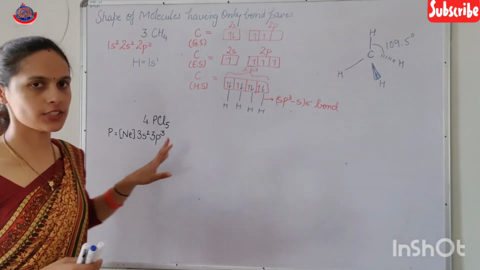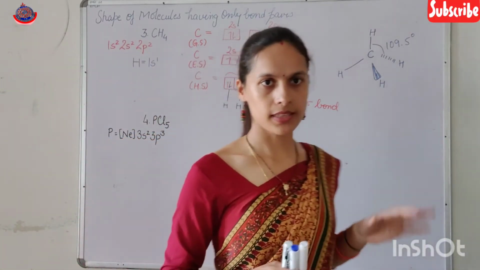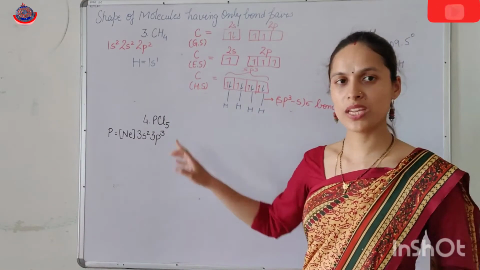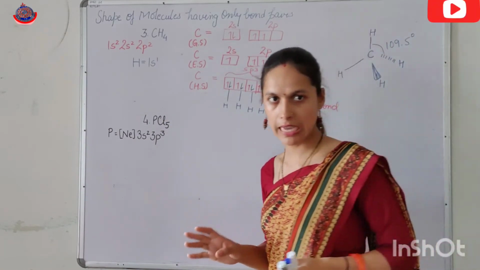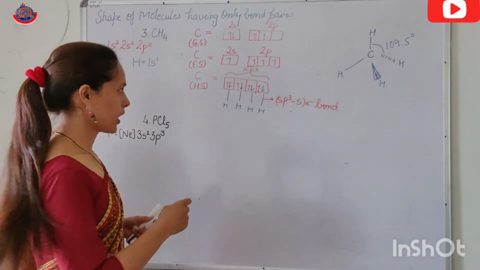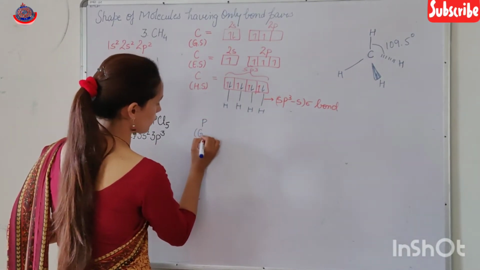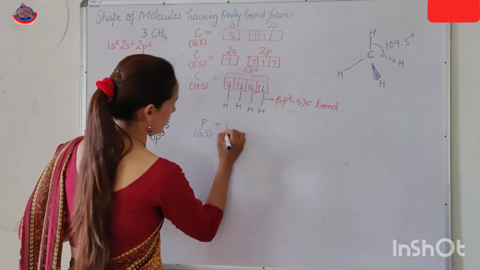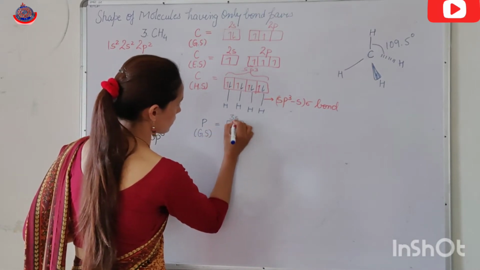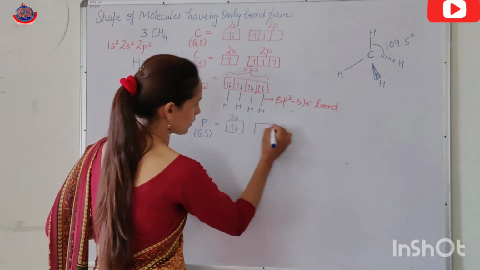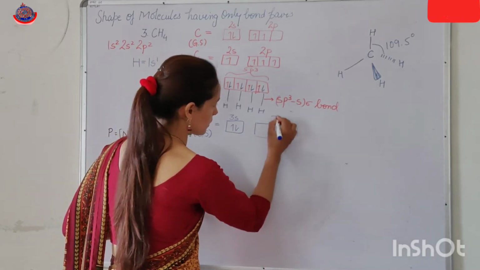Clear? It means the valence shell is the third. In phosphorus, we have the third valence shell. Now, the ground state configuration of phosphorus is 3s2 3p3.